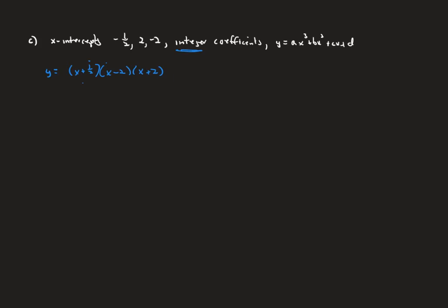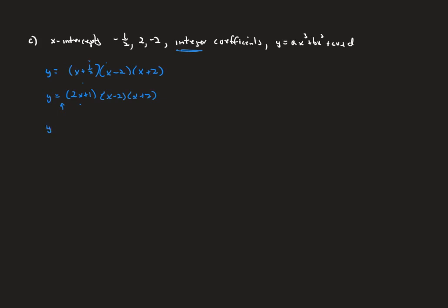So I can fix that early on by, instead of calling that x plus a half, I can call that 2x plus 1, because negative a half will still make this a 0, so that's still going to give us an x-intercept of negative a half, but it won't give me fractions as coefficients in our polynomial once we multiply this out. Now, I didn't have any other consideration for what that leading coefficient might be, so I'm just going to leave that, what might be an a, as a 1 and just see what this gives us.